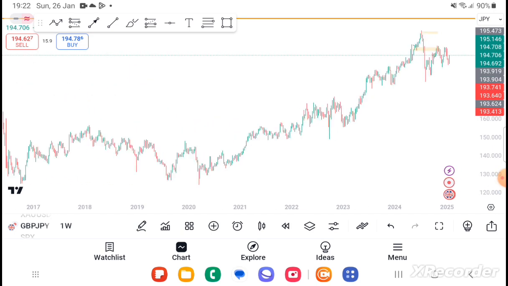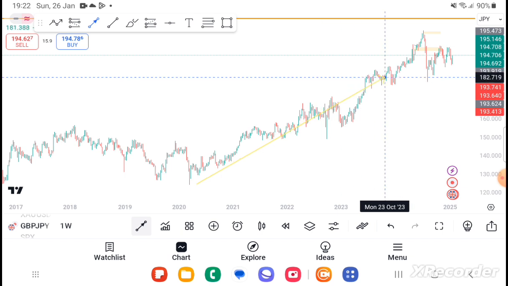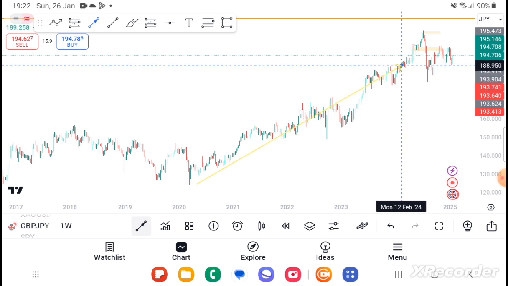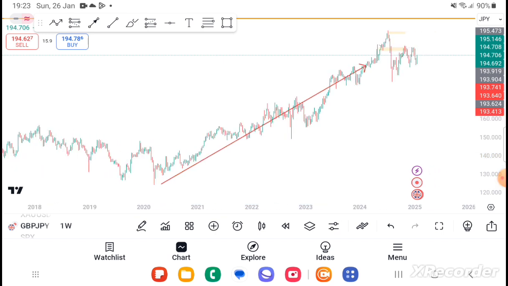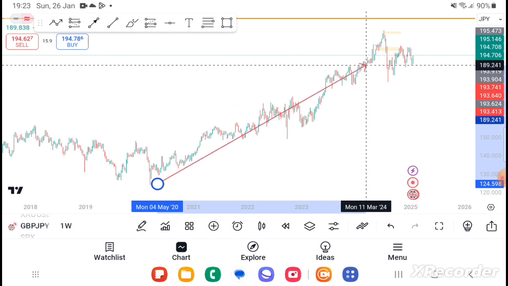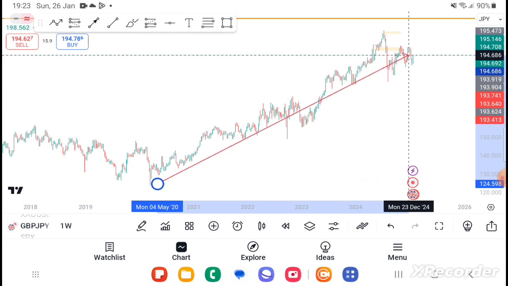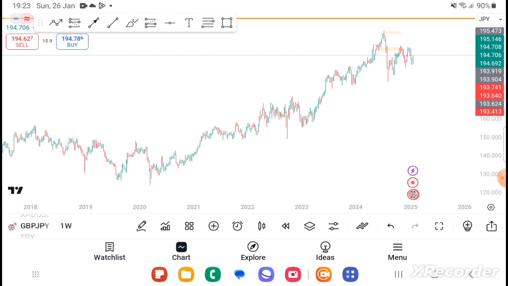The pair has been buying for the longest period. From here all the way up, you can see that it's been bullish. So we are currently somewhere at this side. So we'll zoom in into that area.